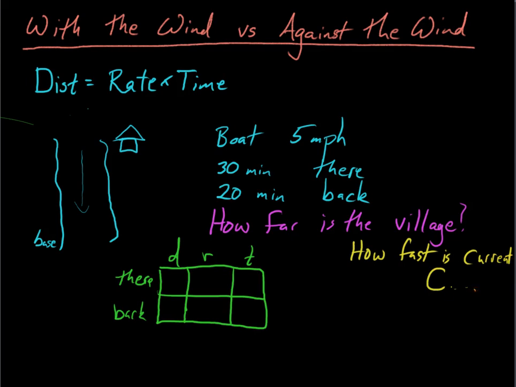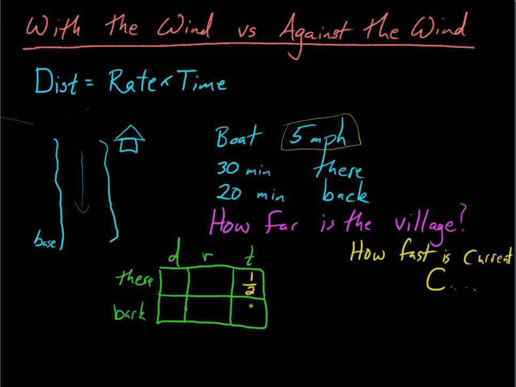Well, the distance there, we don't know anything about, right? It doesn't say anything in the problem about how far away it is. So we know the time to get there, though, is 30 minutes, which, since my speed's in miles per hour, I probably better change that to hours. So it takes me half an hour to get there.